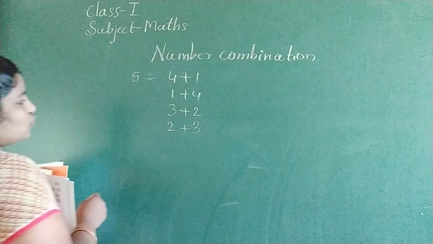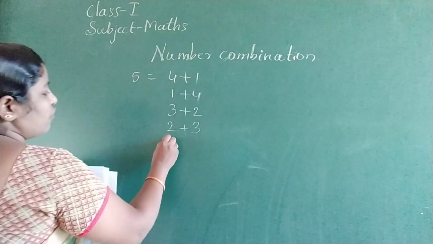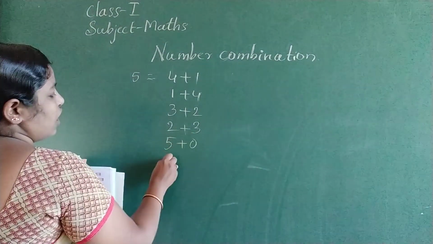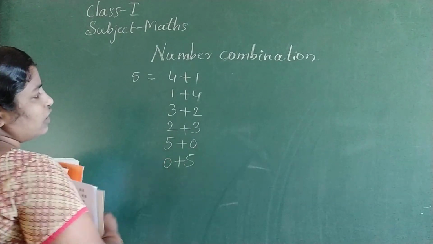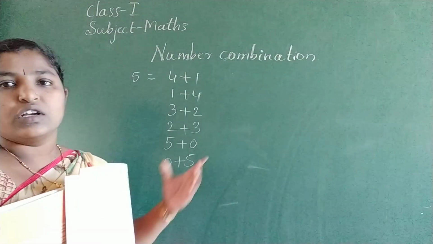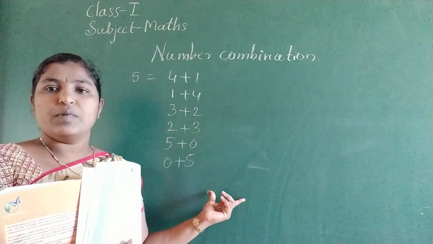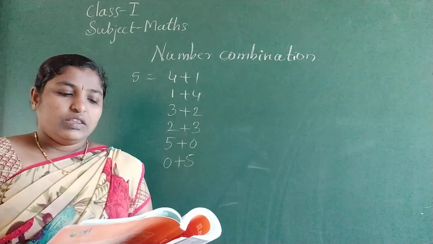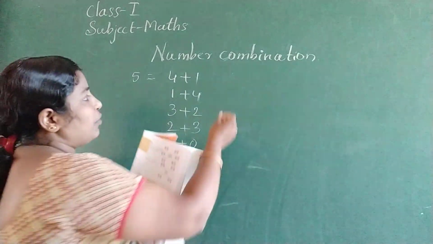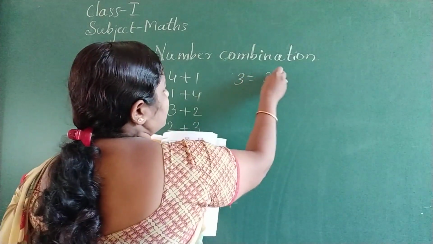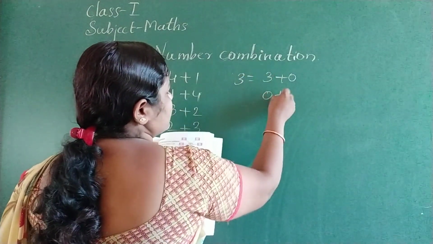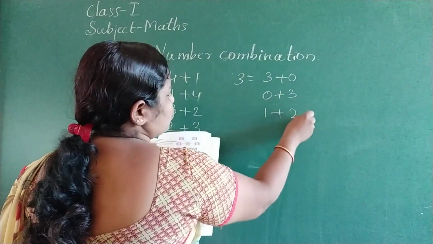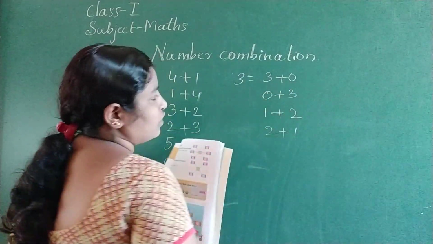Next 3 plus 2, 2 plus 3, or 5 plus 0, 0 plus 5. These are all the combinations of writing numbers in different combinations. Okay. 3 also, see, 3 can be written 3 plus 0 or 0 plus 3, 1 plus 2 or 2 plus 1. Yes?